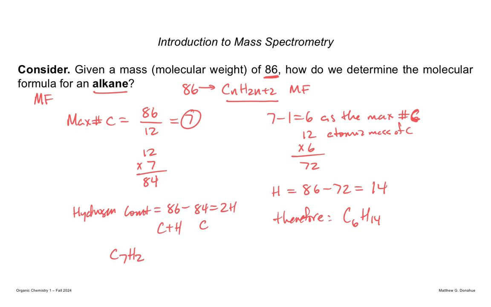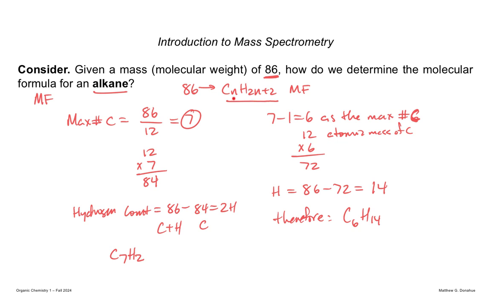What do you think about 5? If we used 5 carbon atoms and you went through that same process, it would have too many hydrogen atoms. So remember that for n number of carbons, the max number of hydrogens is 2n+2.